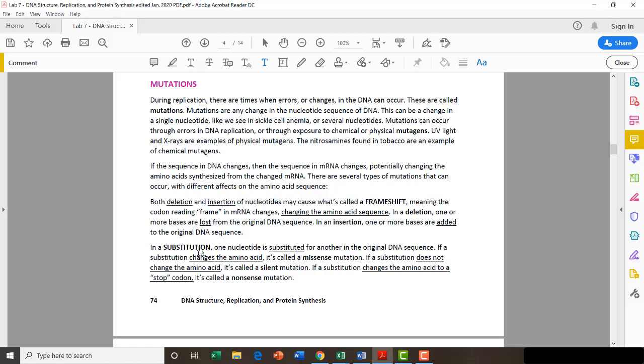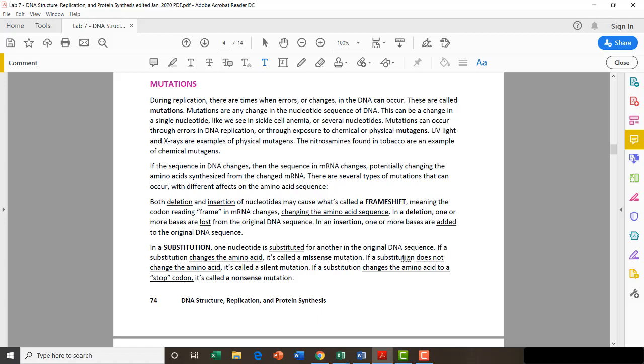The other type is a substitution. Now, instead of deleting or adding, a nucleotide is changed in the DNA. Okay, so it can be substituted for another, different nucleotide. If the substitution changes the original amino acid that it was supposed to code for, that is called a substitution missense mutation.